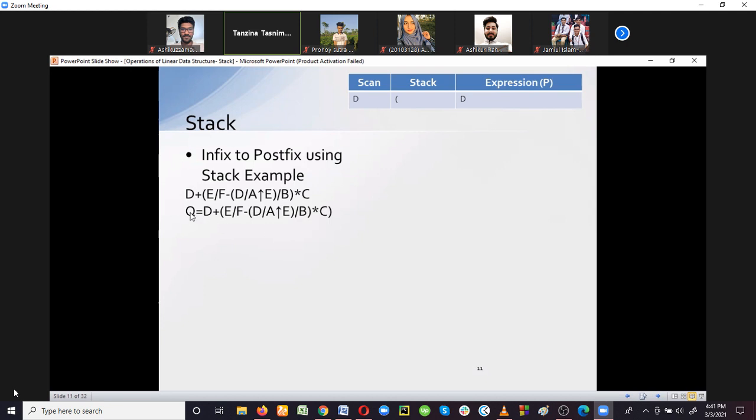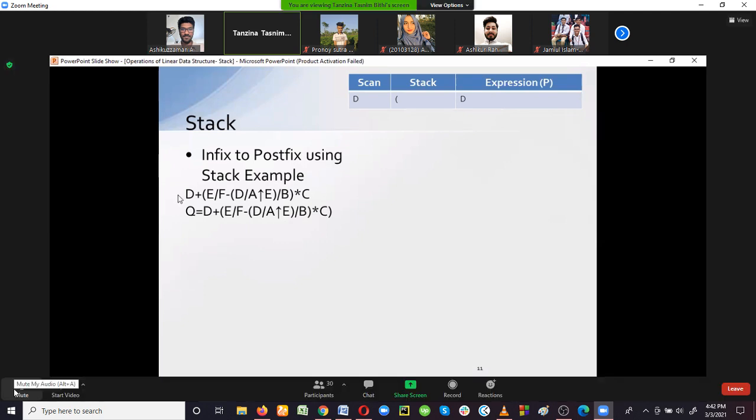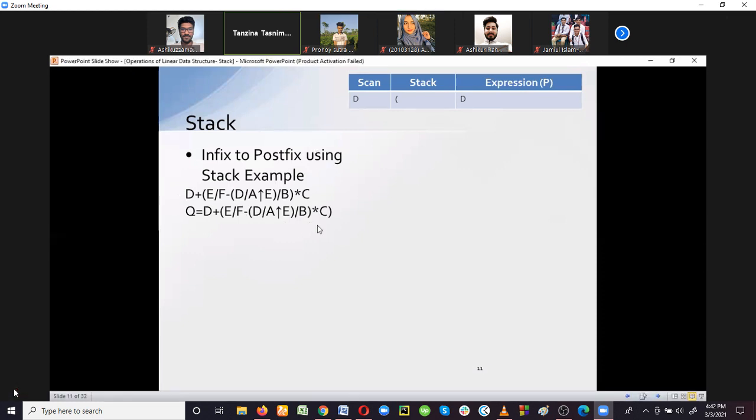Okay, so Q equals D plus E division F minus then D division A exponentiation E then division B into C. This is our infix notation. Can you see it? Yes, ma'am. Okay, so initially you can assume that this expression can be stored in a variable and that variable can be Q.